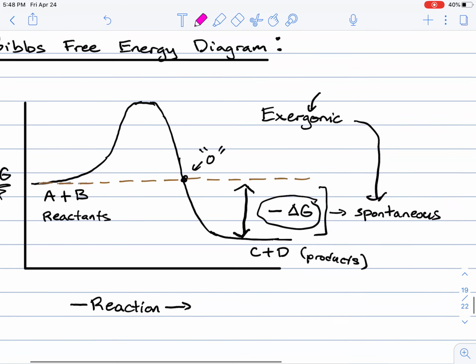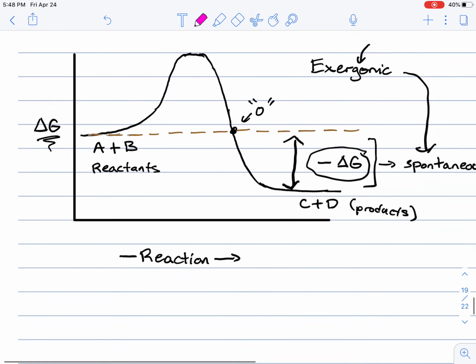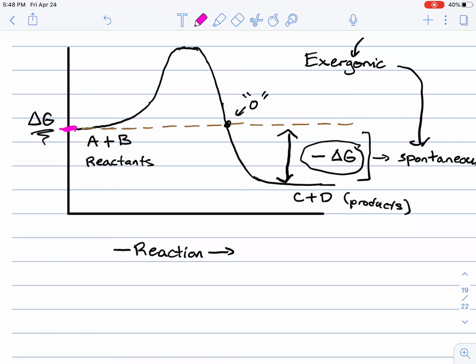And so, same thing here. Notice that the 0 point, if I extrapolate this dotted line, is going to be the free energy of the reactants. And if I trace this line back as well as I can, then this is roughly the free energy of the products.